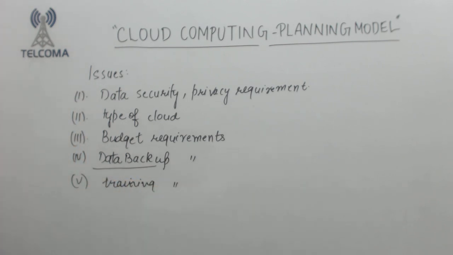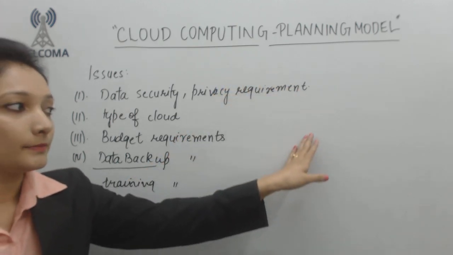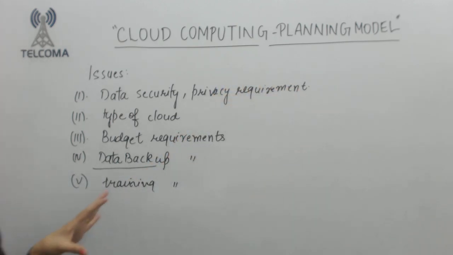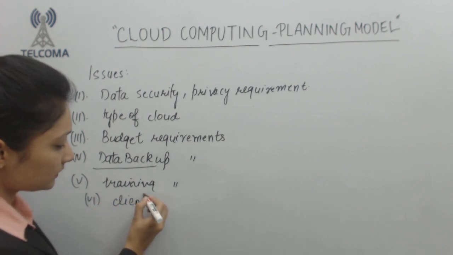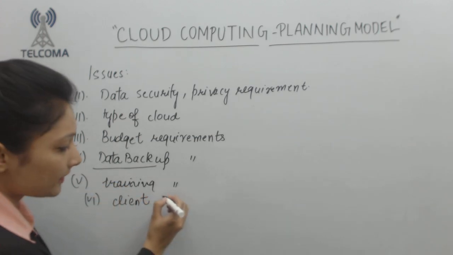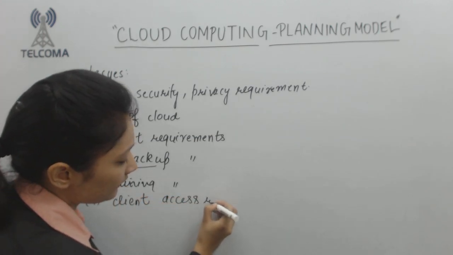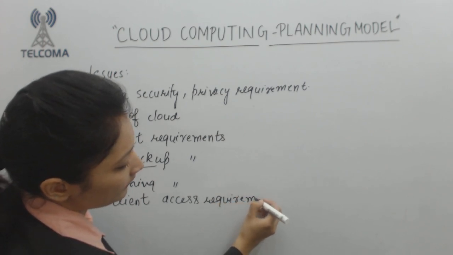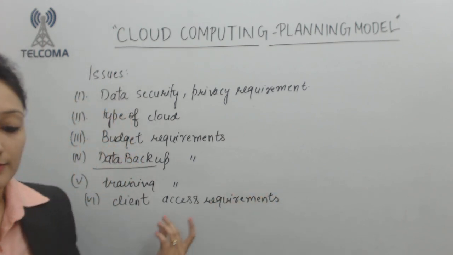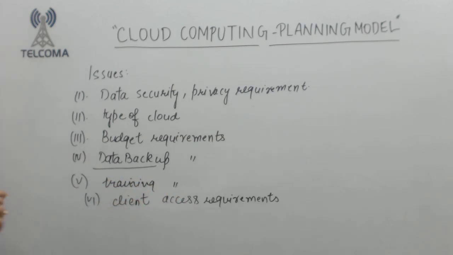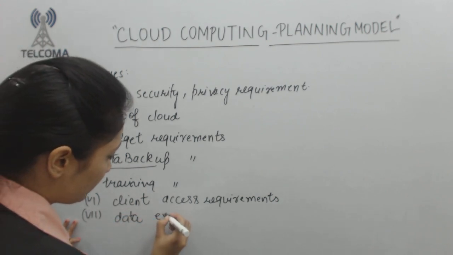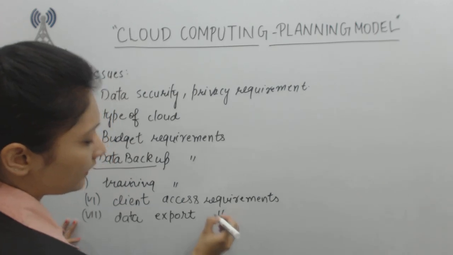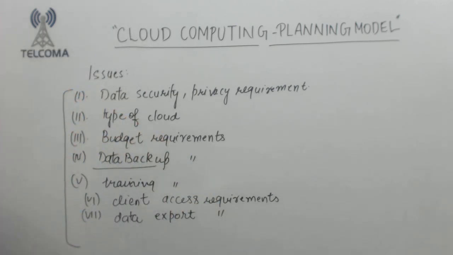After that, we have the client access requirements. If you're deploying this for your business requirements, naturally you have to consider what is required to access it, the client access requirements, and then the data export requirements. So these are the first issues which should be considered.